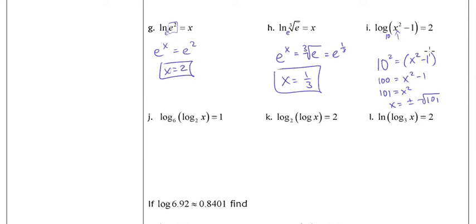This is a good chance to talk about not taking the log of a negative number, for example, negative 8. If I had log base 10 of negative 8, this isn't something we can do, because remember what a logarithm does. It's talking about the exponent.